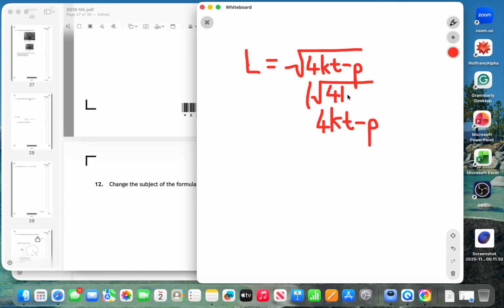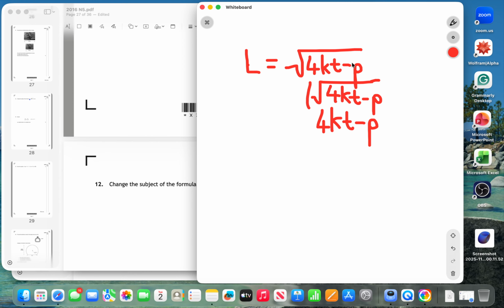The first step is getting rid of any powers or square roots, and we can do that because all of the terms are inside it. Now, if the minus p was outside it, you would first of all have to add p to both sides and cancel out.